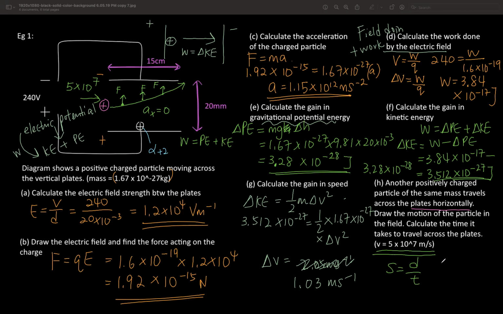So time equals distance over speed, equals 15 cm divided by 5 times 10 power 7. That is going to equal 3 times 10 minus 9 second. So it's 3 nanoseconds. That is the time to cross the plate from this end to this end.